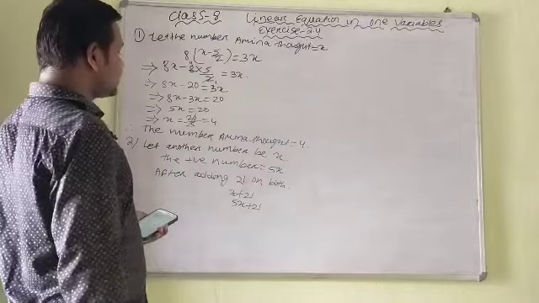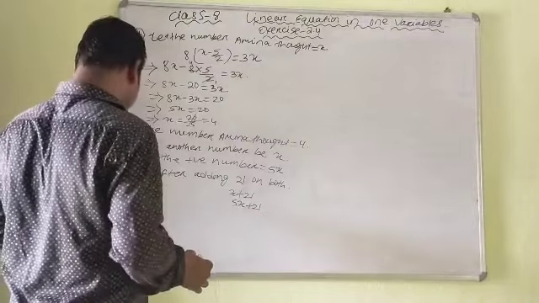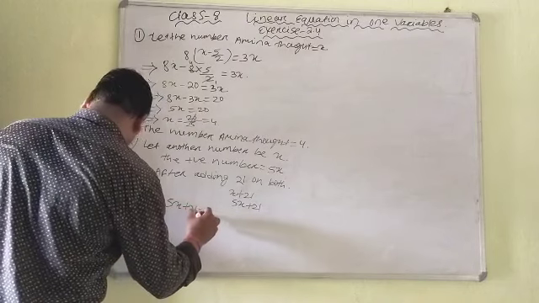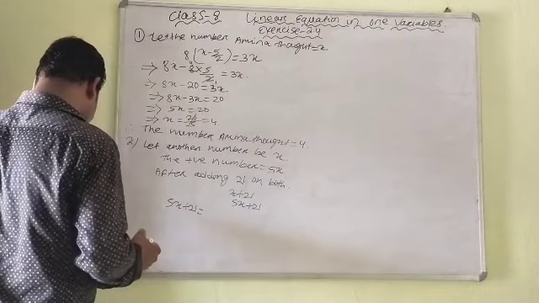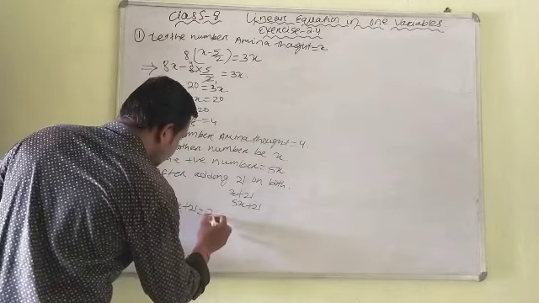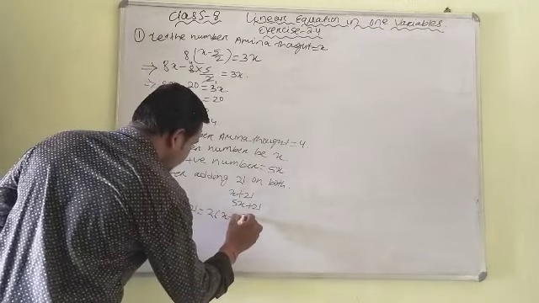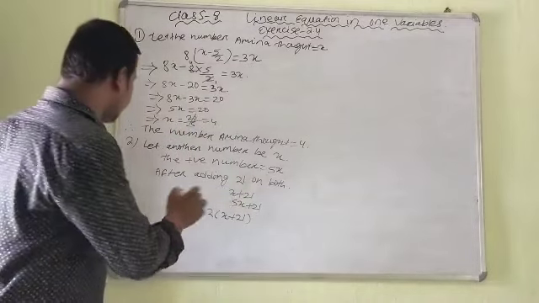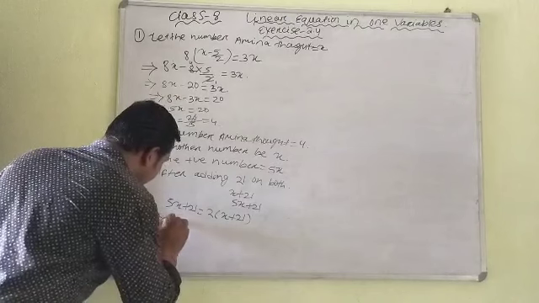Okay, then it's given one number, let 5x plus 21 be equal to twice the other number, 2 whole of x plus 21. This is the relation. Now we will simplify this relation to get the value of x.